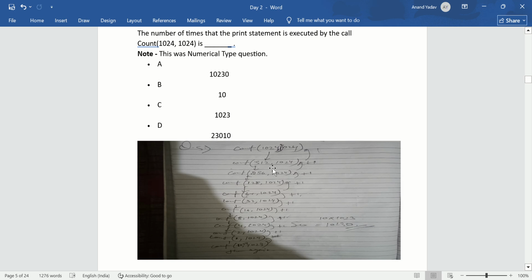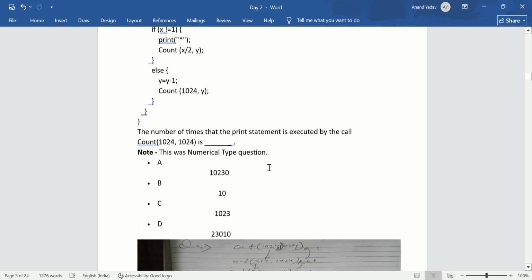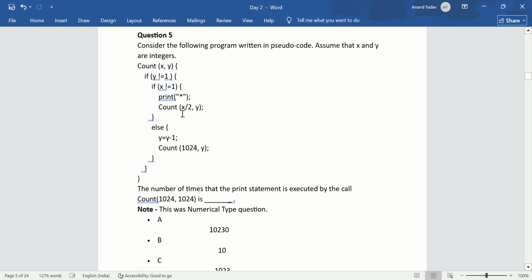It will divide x by 2, again divide by 2, and keep dividing as long as x is not equal to 1. When x is equal to 1, it will go for y minus 1, that is 1024 minus 1, which means 1023.